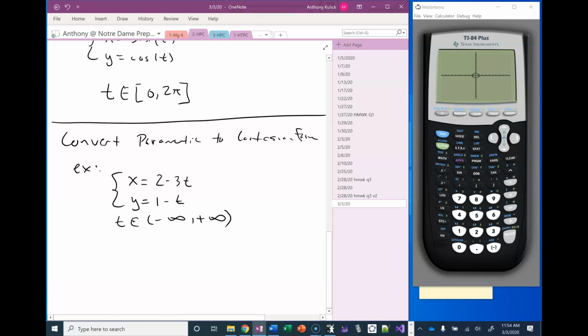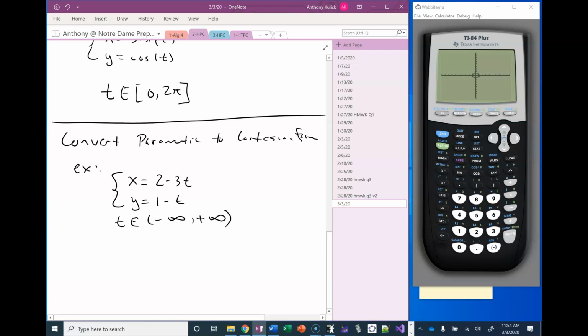I have 3, right? I have x, I have y, and I have t. Does everybody agree with that? Okay. If I want to convert this back into a Cartesian equation, how many variables should be in that equation? 2, x and y. Everybody okay with that idea?